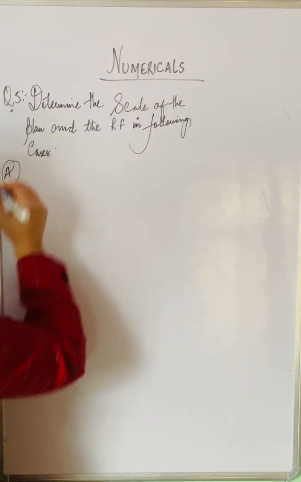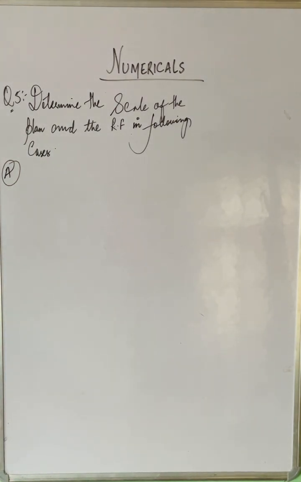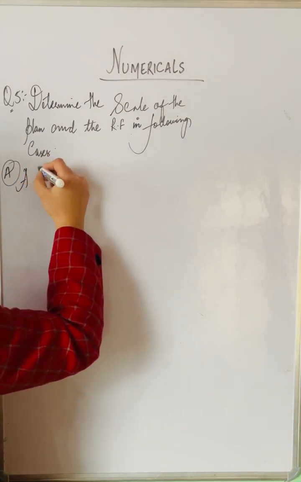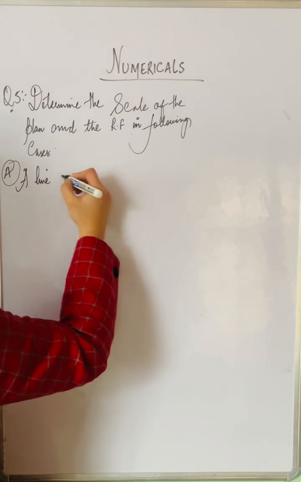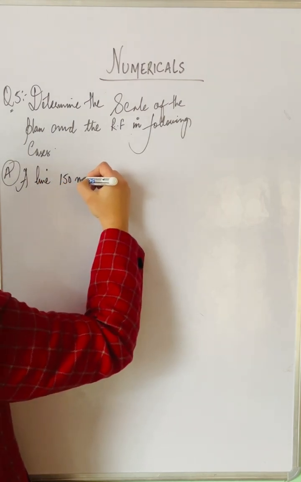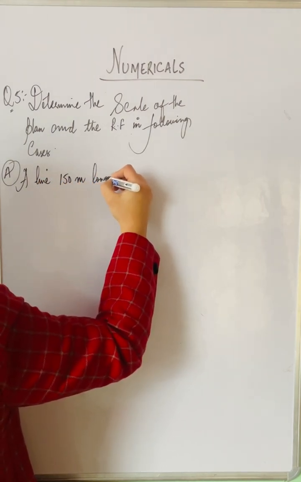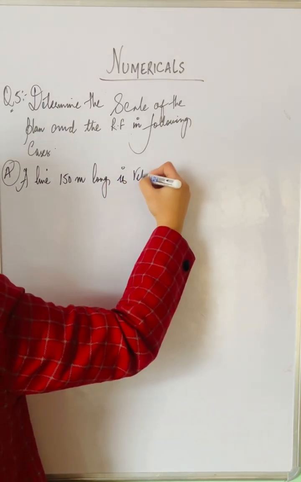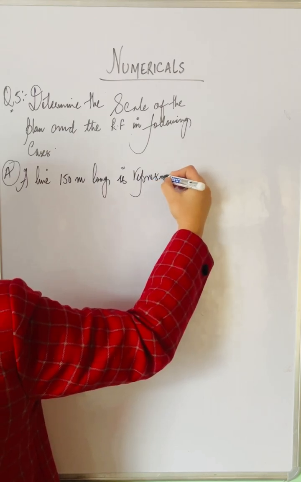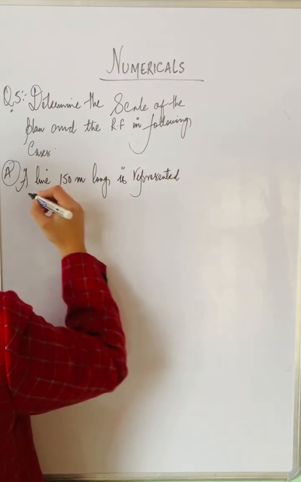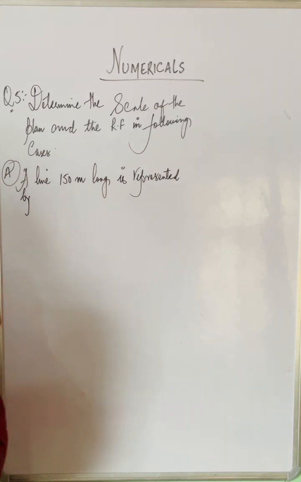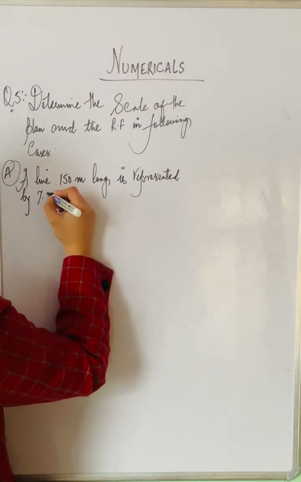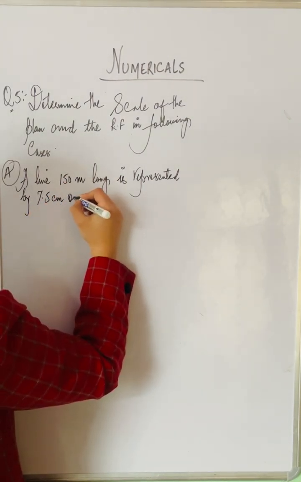Case number 1: a line 150 meters long is represented by 7.5 centimeters on the plan.